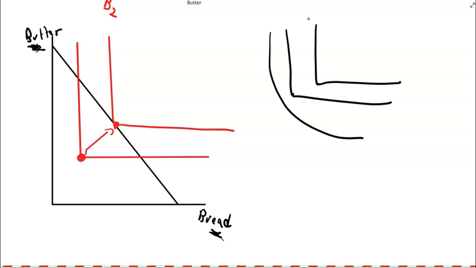But basically, this is the point where it barely touches the budget set. The idea is the same: anywhere the indifference curve is just touching the budget line, so IC2, wherever it's touching our budget line, that's where we have the optimal consumption bundle.